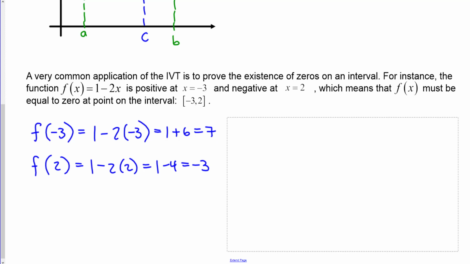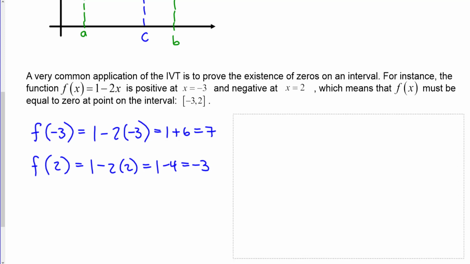What that means is there must be a 0 somewhere on the interval from negative 3 to positive 2. And negative 3 and positive 2 are not unique values here. I could have used a lot of different values to prove that there's some 0 on an interval. I just need an x where f is positive and an x where f is negative.